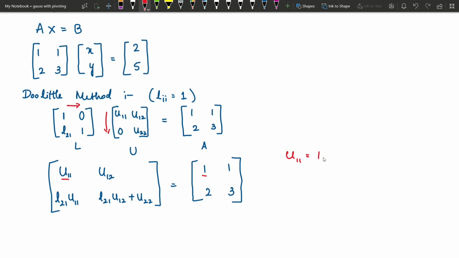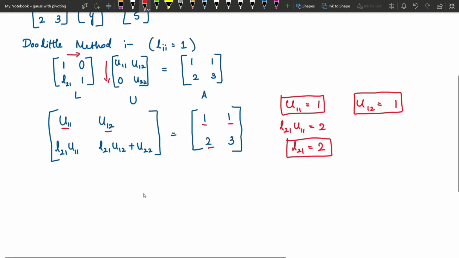Now compare the variables and write down the values of each variable. So first we will equate this. U11 is equal to 1. U12 is equal to 1. Okay, these two we have compared. Next we'll take the second one, that is L21 into U11 is equal to 2. U11 is 1. By replacing 1, we get L21 is 2.